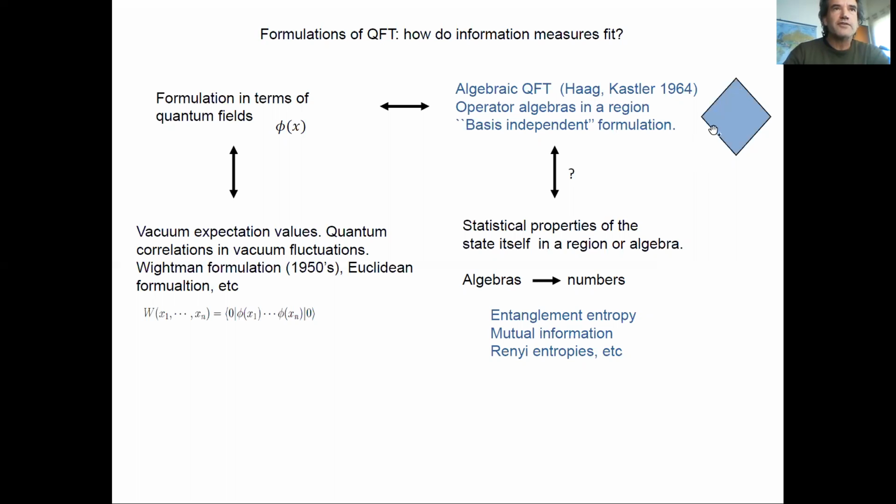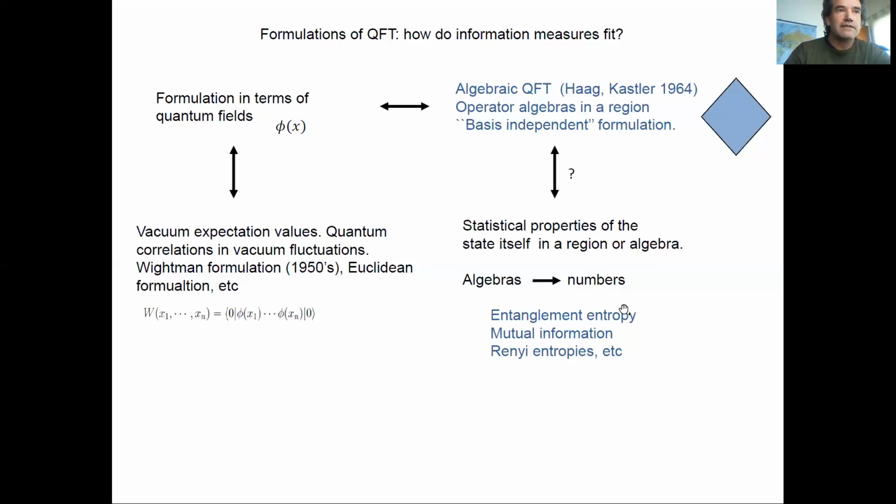And in this formulation, if one would like to do the same step as here and produce numbers out of it, given the vacuum state and the algebra, one can mainly produce quantities that should naturally be entropic quantities, related to the statistical properties of the vacuum state reduced to this algebra.